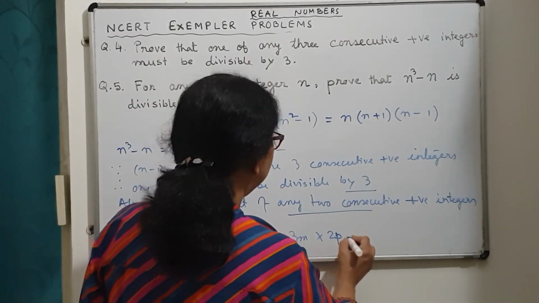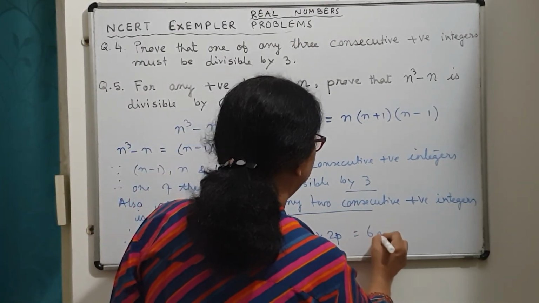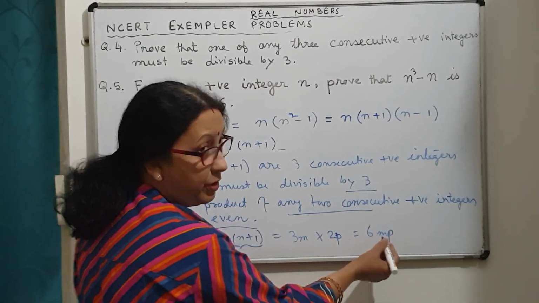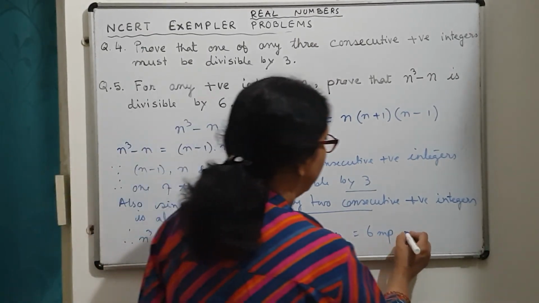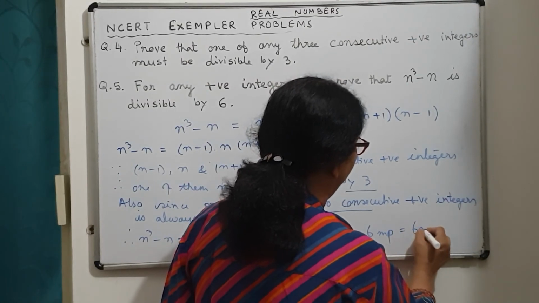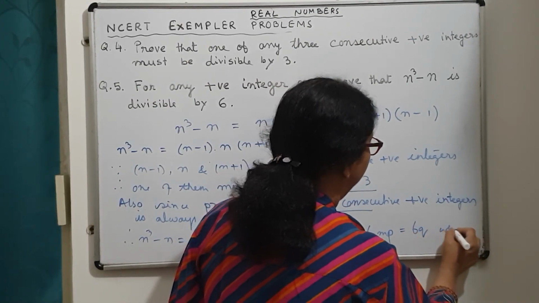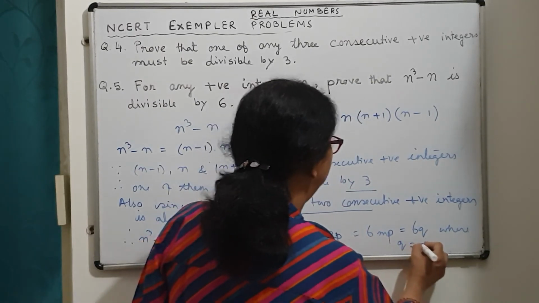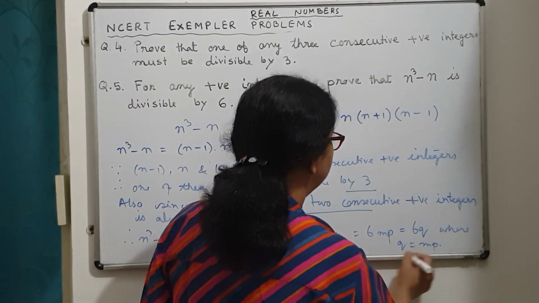So it is 6mp. m into p, the product of two integers, is again another integer, so I can write it as 6q, where q is equal to mp, some integer.